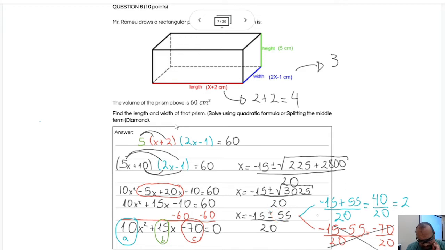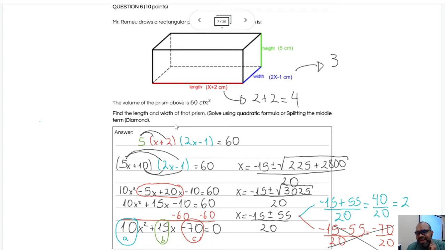Solution number 1: negative 15 plus 55 divided by 20, which is 40 divided by 20, which is 2. Solution 2, remember, guys, plus or minus: negative 15 minus 55 equals negative 70 over 20.